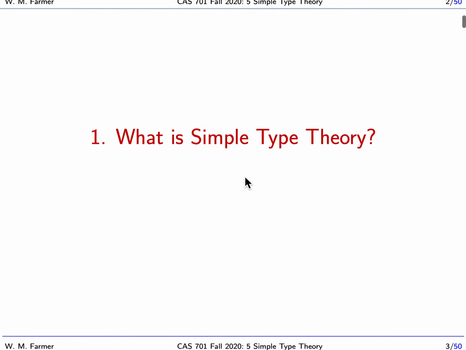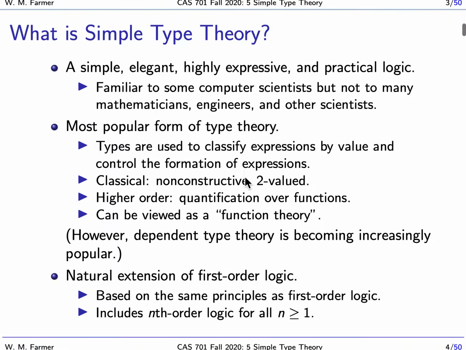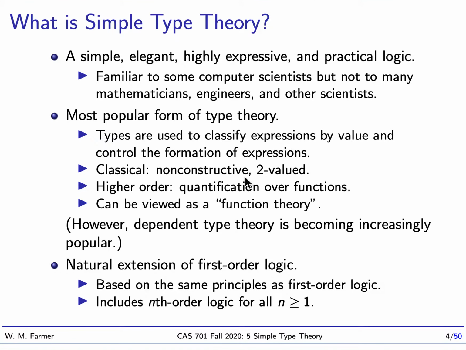Okay, so what is simple type theory? In my opinion, simple type theory is a simple, elegant, highly expressive, and practical logic. Unfortunately, although a few computer scientists know about it, basically the rest of the mathematical world knows nothing about it.